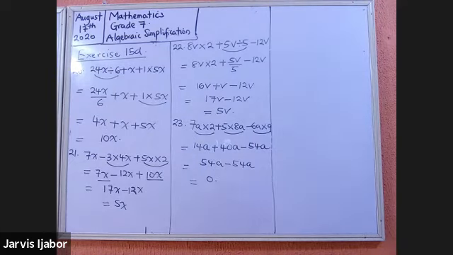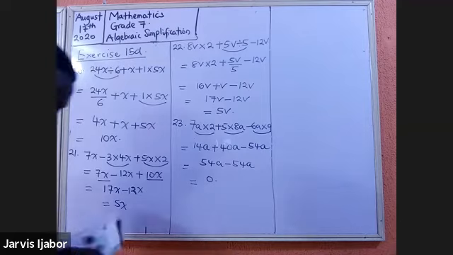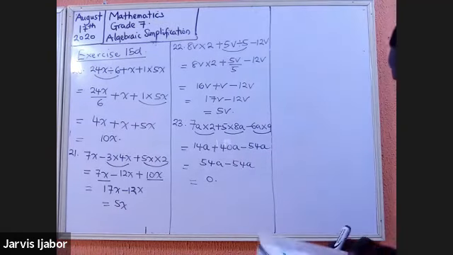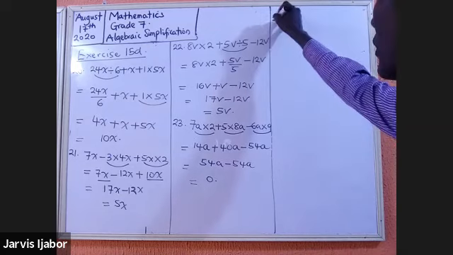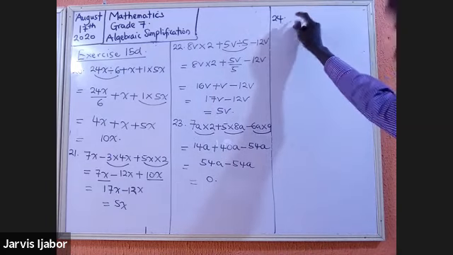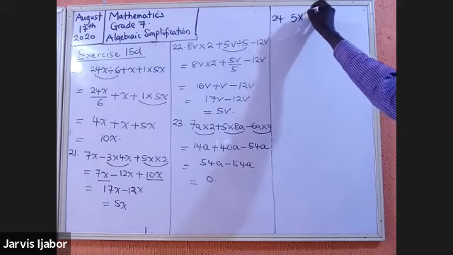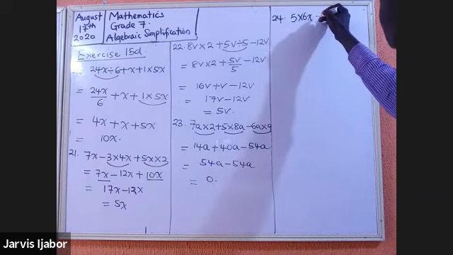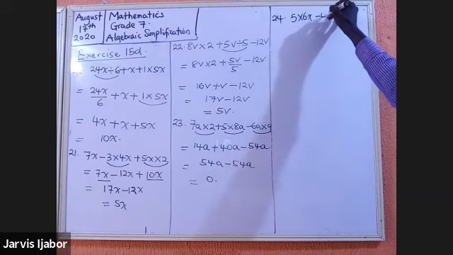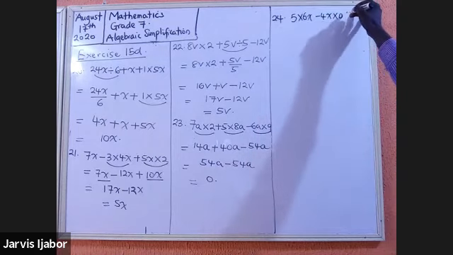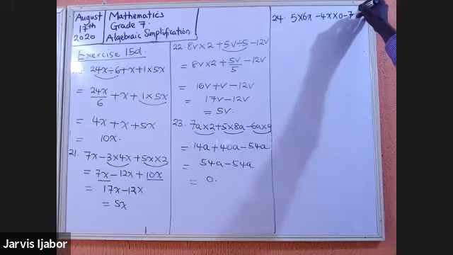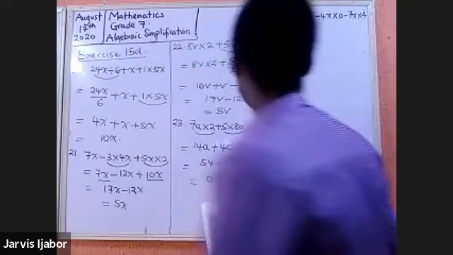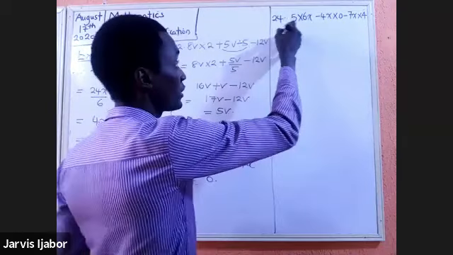So one more question to go. That's question 24. In question 24, we have 5 times 6x minus 4x times 0 minus 7x times 4. Are you seeing that? So what does that give you?